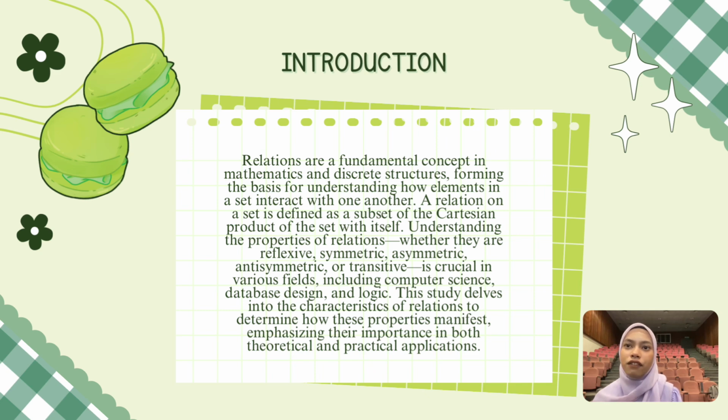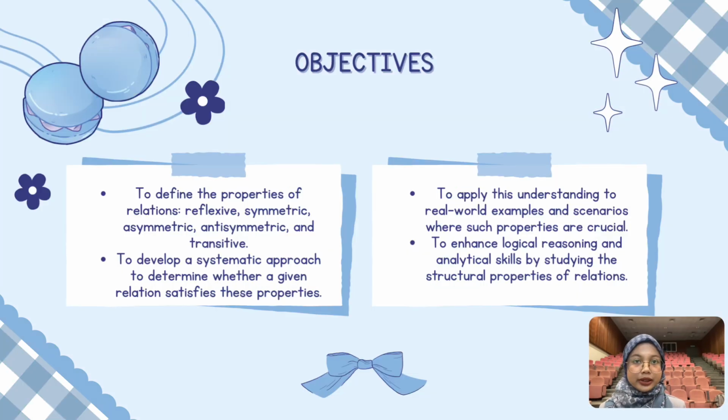This study dives into the characteristics of relations to determine how these properties manifest, emphasizing their importance in both theoretical and practical applications. Objectives. First, to define the properties of a relation: reflexive, symmetric, asymmetric, antisymmetric, and transitive.